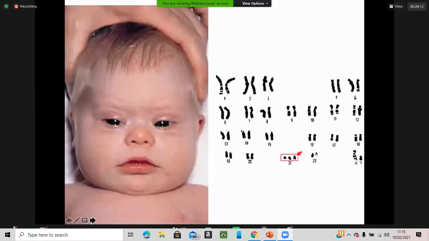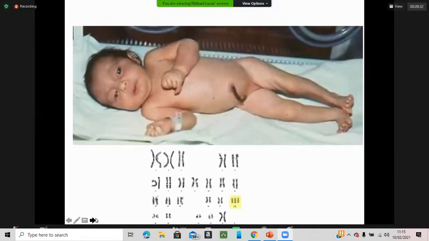If you take the chromosomal abnormalities, can someone tell me what this is? Trisomy 21, Down syndrome. Very good. You can see some of the facial features here, and you can also see the karyotype given here. What about this?